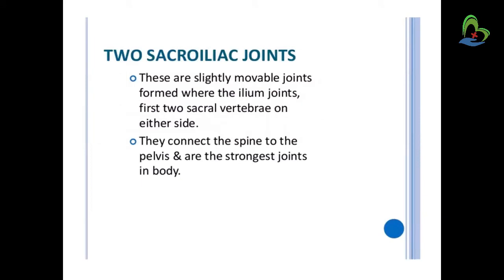Now the sacroiliac joint. This is a slightly movable joint that forms where the ilium joins the first two sacral vertebrae on either side, meaning this joint is present on each side of the bone. They connect the spine to the pelvis and are one of the strongest joints in the body.